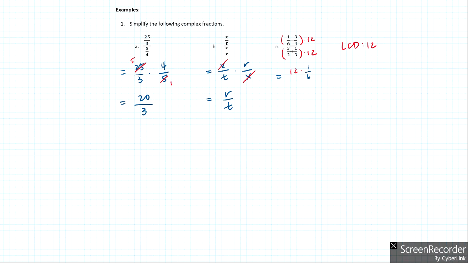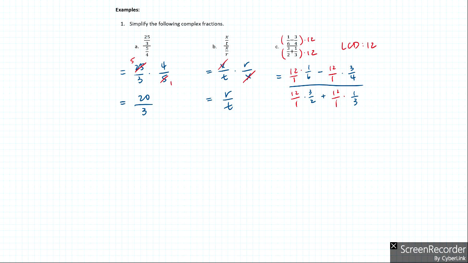And if it helps, you can write 12 as 12 over 1, just so you can keep track of where everything follows. And also on top we would have minus 12 over 1 times 3 over 4. So that 12 gets distributed to the second term on top. And now on the bottom, 12 gets distributed to each term as well. So 12 over 1 times 3 over 2 plus, lastly, 12 over 1 times 1 over 3.